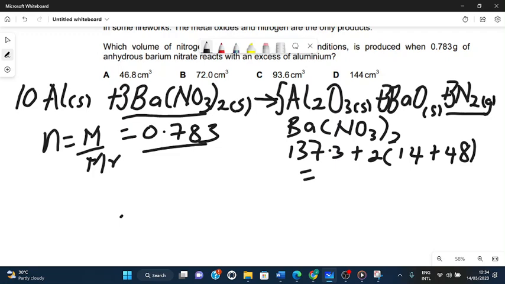So let me just use my calculator. Plus 137.3. So the molar mass is 261.3. So we now have 0.783 divided by 261.3.